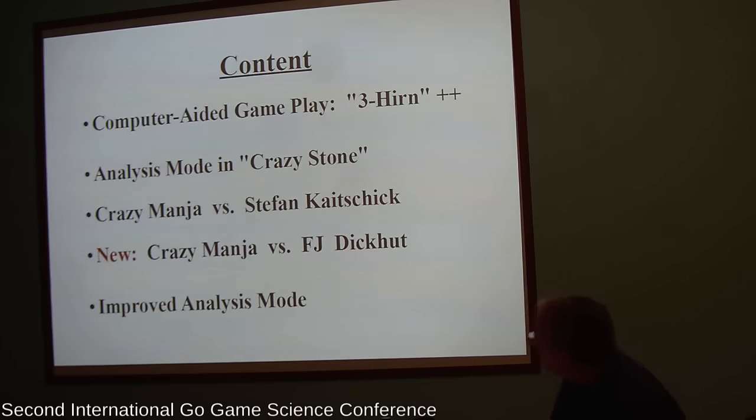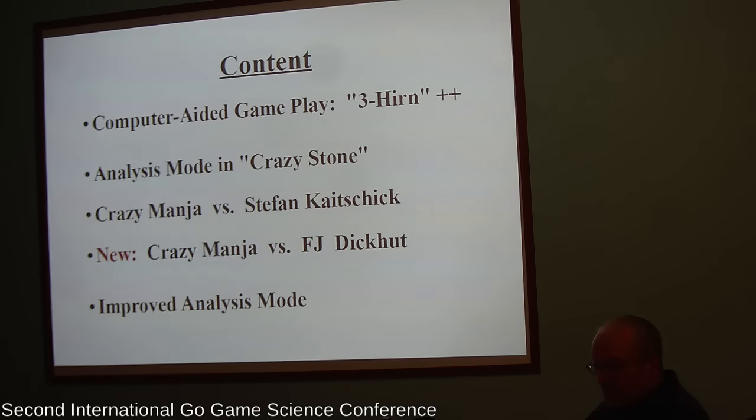So, what do I want to present? I will speak a little bit about computer-aided gameplay, the Rieger approach, and some more things in chess. I will show you the analysis mode in Crazy Stone, one of the very strongest Go programs.